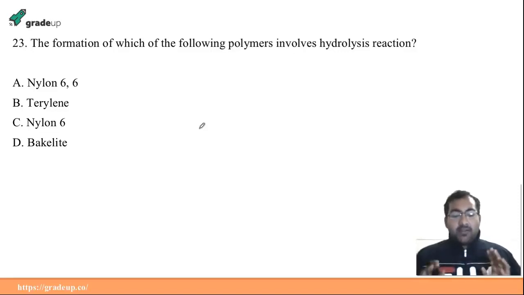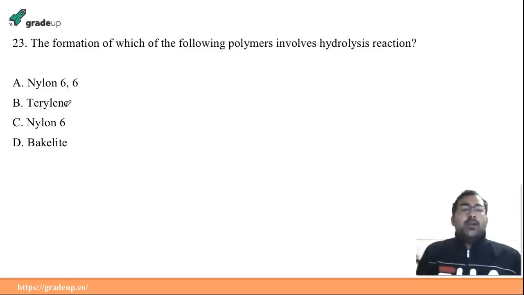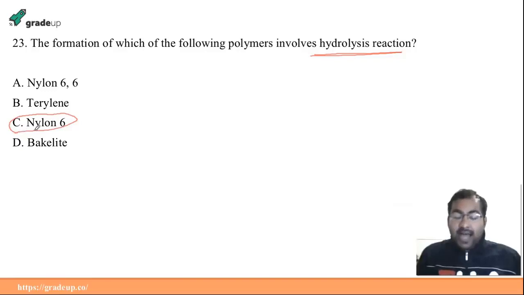Obviously you have to have it on your fingertips. These can be addition polymers or condensation polymers, but I'm just going to tell you about the polymer which actually gets formed by the hydrolysis reaction. The answer is nylon 6.